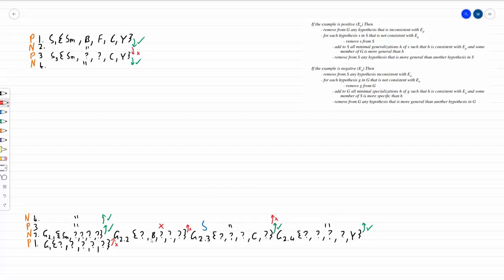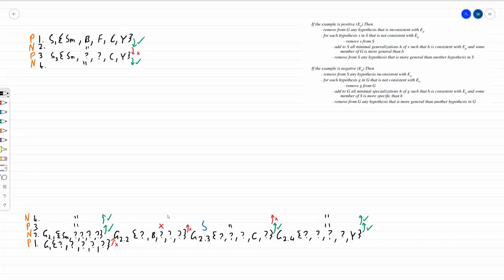Again, on the positive example we remove them, but on the negative example, on the general case, is when we specialize them. And the one at the end does not match, so that one's also fine. That would effectively be carried over into the next one. But with this, specializing from here, we've got C, so what can we specialize? To bring this back up, we've got Sam's and yes.